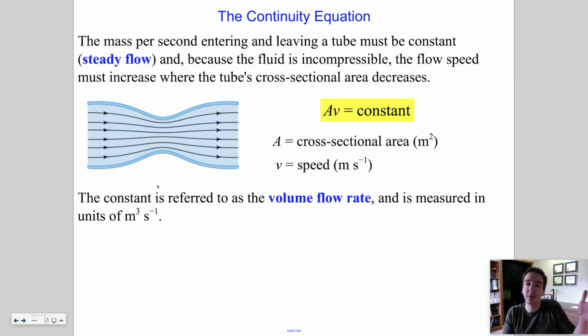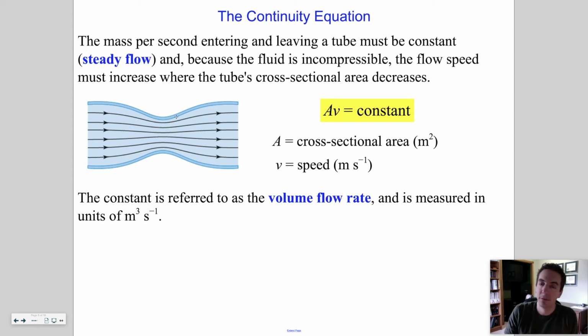So the mass per second entering and leaving a tube must be constant. So we call that steady flow. And because the fluid is incompressible, the flow speed therefore must increase when the tube's cross-sectional area decreases.